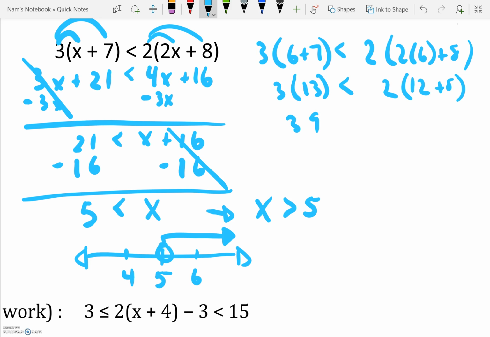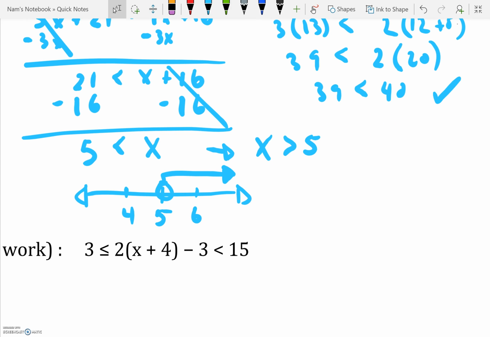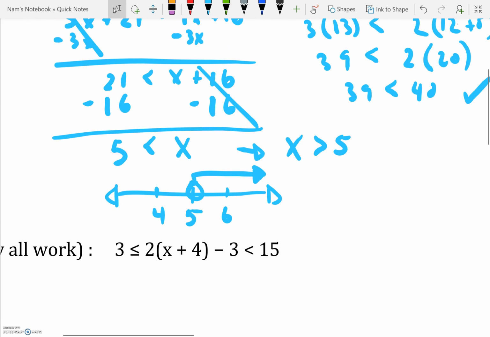And I get 39 is less than 2 times 20. 39 is definitely less than 40. So that checks out. So I know that my arrow is pointing in the right way. You can also try 5, but 5 wouldn't work because remember that is not a greater than or equal to. It is just a greater than sign.